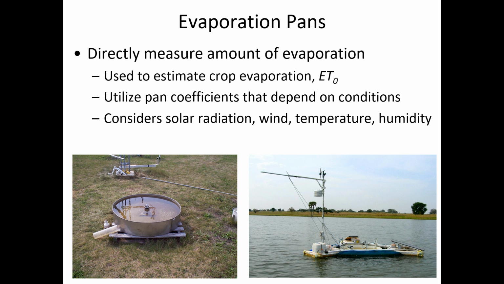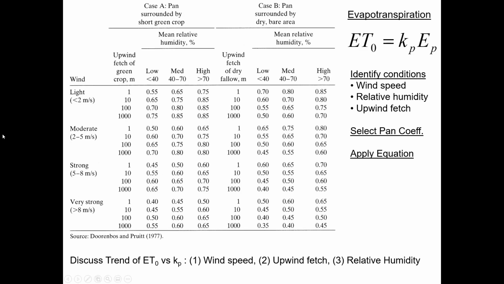There are tables that relate the evaporation that you'd see from a pan of water to how much evaporation you could expect from a short green crop, for example. How much evaporation occurs from the crop relative to the pan varies on several things, like the amount of wind and how much of the crop the pan is surrounded by.